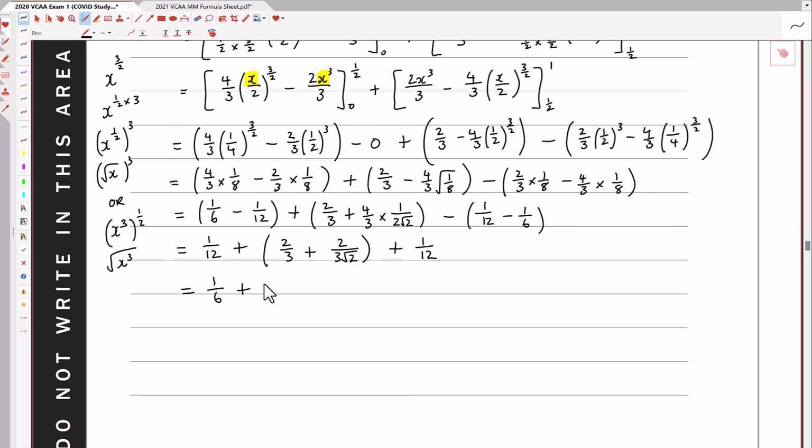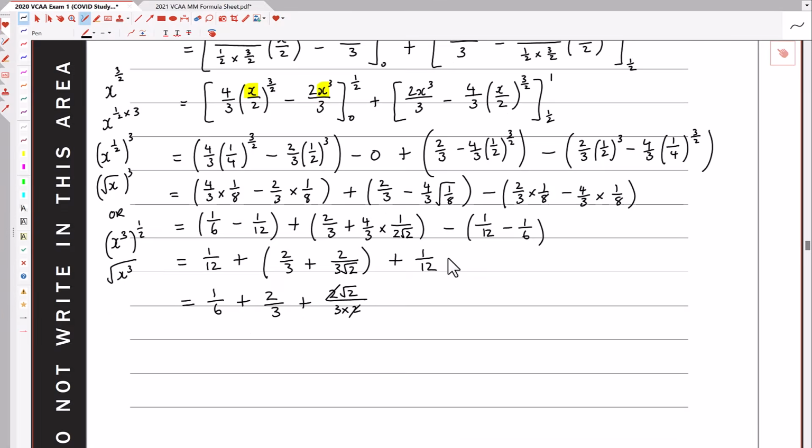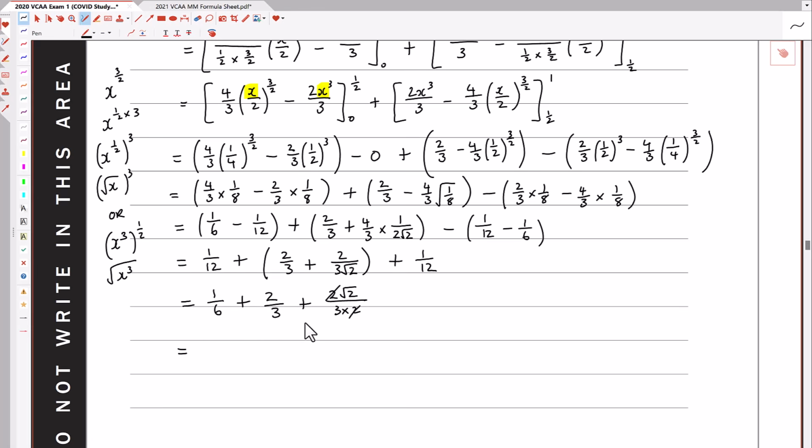We can lose these brackets now, everything's addition, plus 2/3, plus, now we want that surd in the numerator, so I'm going to rationalise the denominator here, which means multiplying both the top and the bottom by √2. So that's going to give me 2√2 over 3 times 2 on the bottom, and then those 2's are going to cancel down. Alright, let's add these fractions together here.